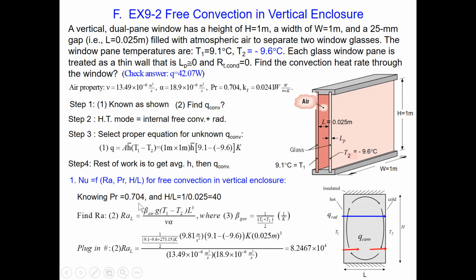We know the Prandtl number, we calculate H/L and use equations 2 and 3 to calculate the Rayleigh number: beta, G, T1, T2, L to the power 3, mu, alpha, to get the Rayleigh number.